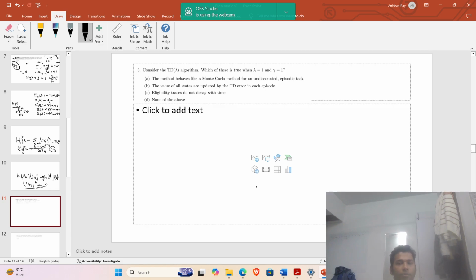So when lambda equals 1 and gamma equals 1, which of the following is true?